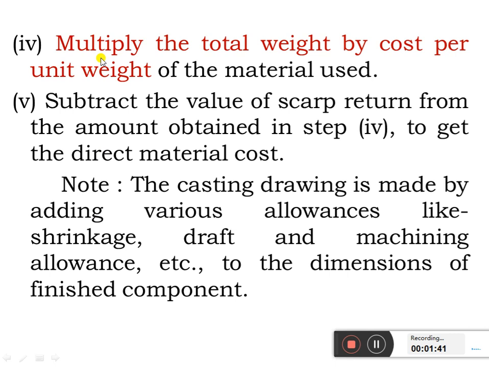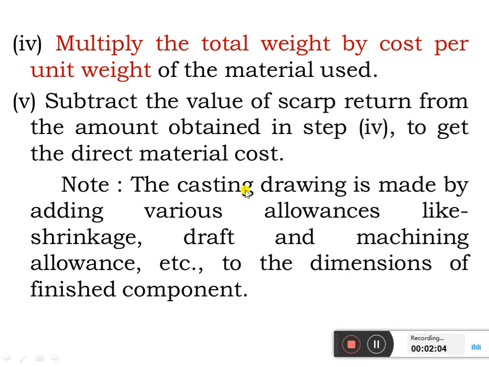Then the last step is subtract the value of scrap return from the amount obtained in step 4 to get the direct material cost. So you have to multiply the total weight by cost per unit weight, and you have to subtract the scrap return.